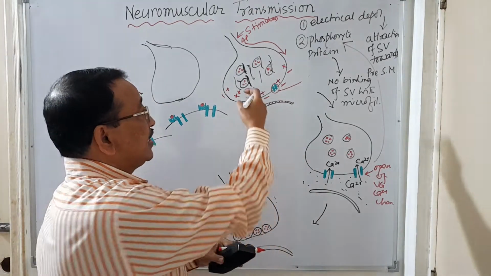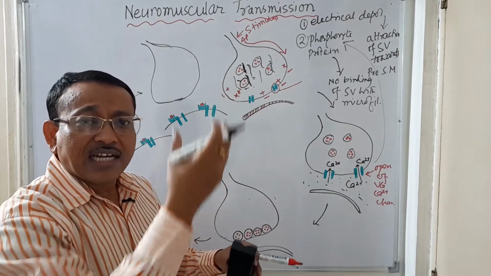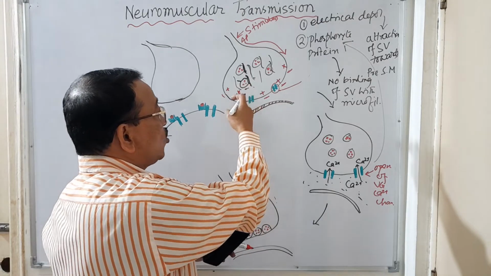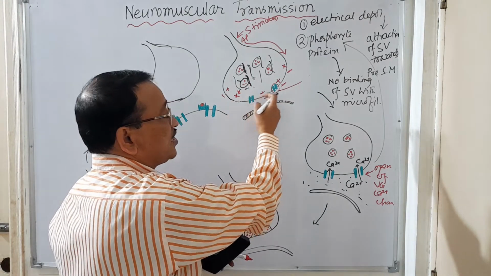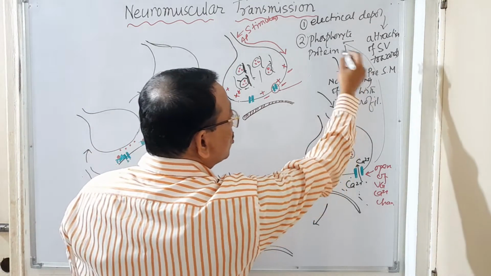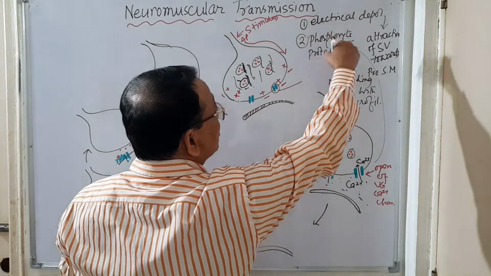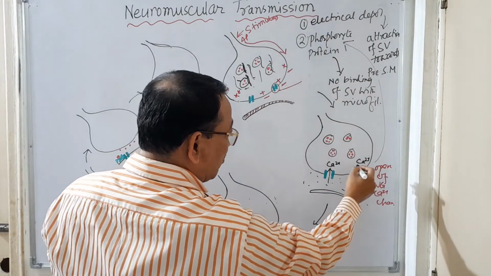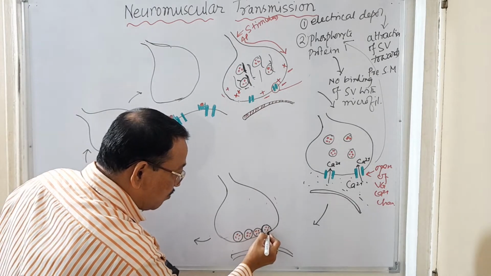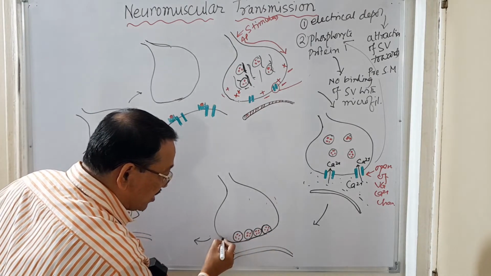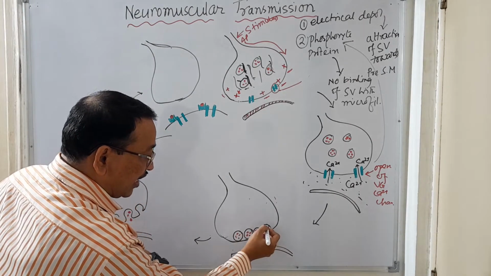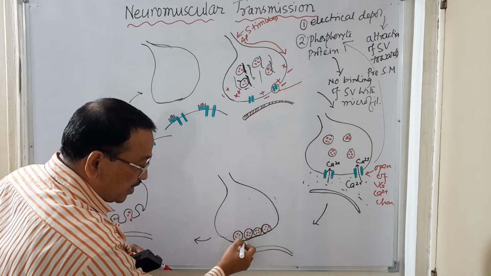On the other hand, there is an electrical attraction of the synaptic vesicle towards the interior of the presynaptic membrane. Because of these two changes caused by the calcium entry, the synaptic vesicles will lie on the inside of the presynaptic membrane. Here you see synaptic vesicles are lying on the presynaptic membrane.